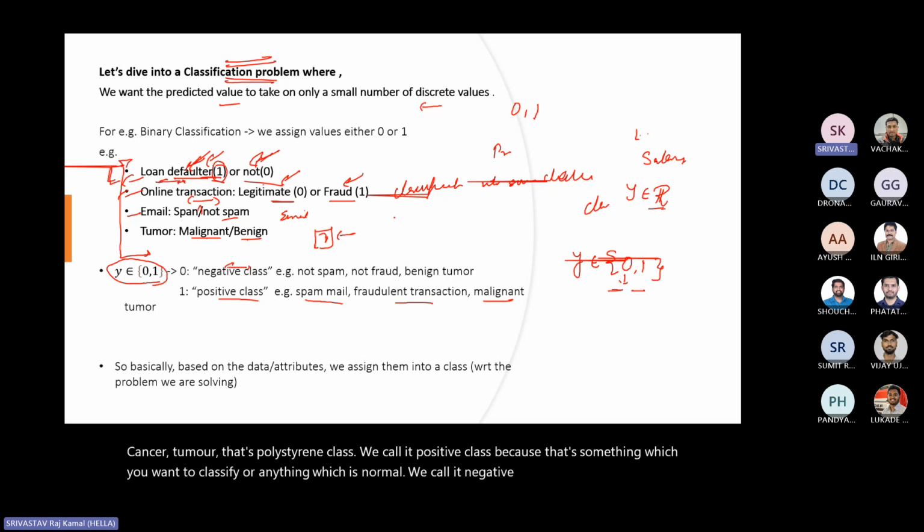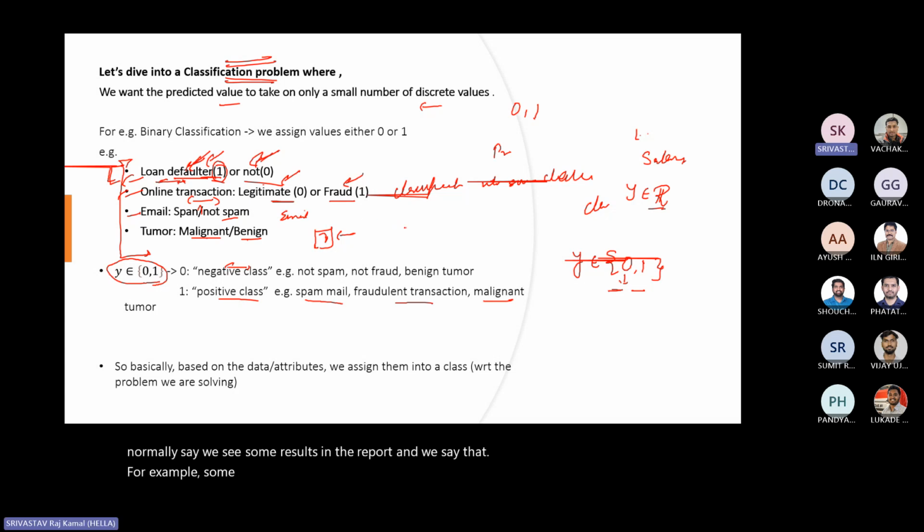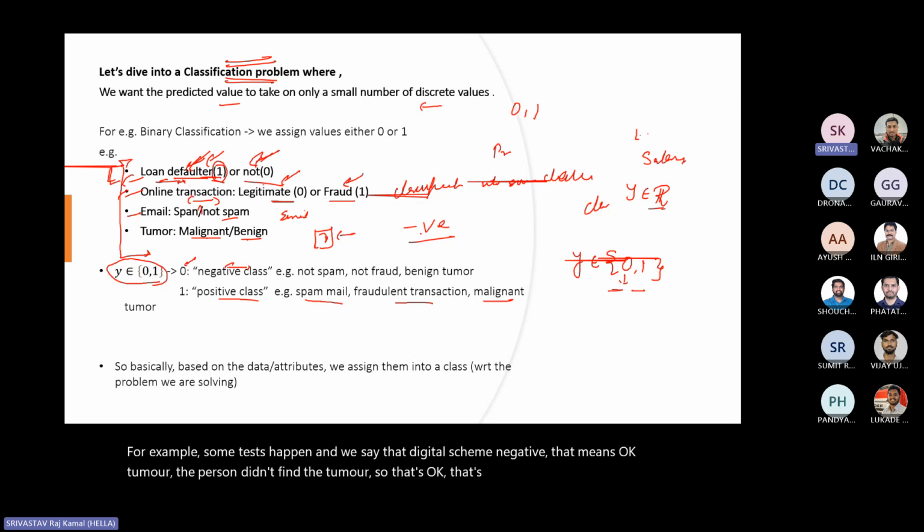We normally see some results in a report. For example, some test happens and we say that the result came negative. That means the person didn't have a tumor, so that's okay, that's negative, the zero class. But if the result of that report is positive, they found a tumor, that's the positive class, right?